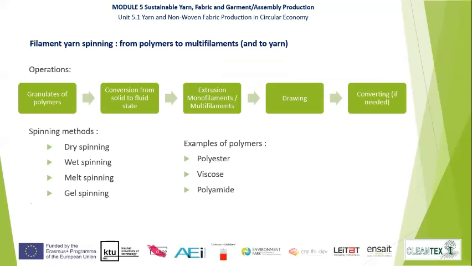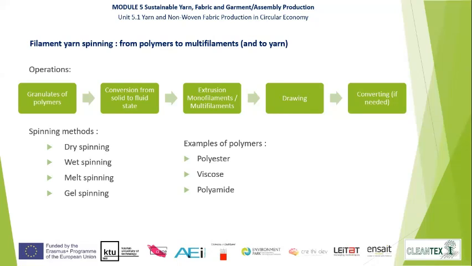We will first start with the filament yarn spinning, so how to go from polymers to multifilament and possibly to yarn. The different operations are as follows. First, we have some granulates of polymers, and we will convert them from solid state to fluid state.